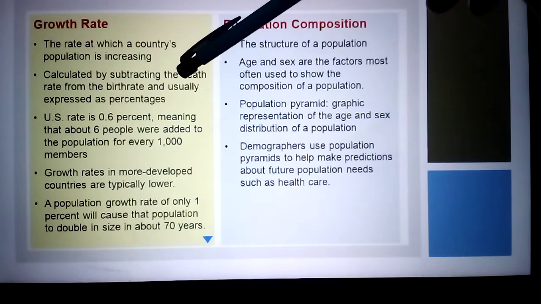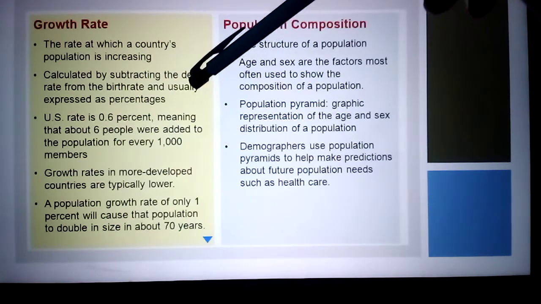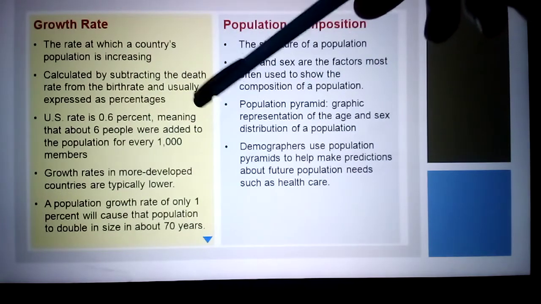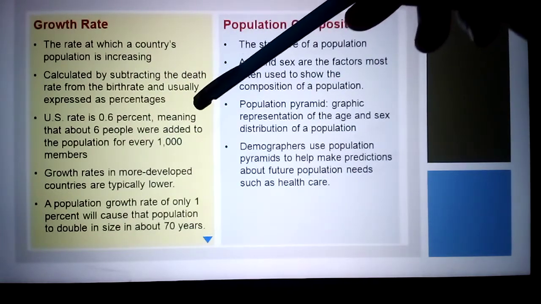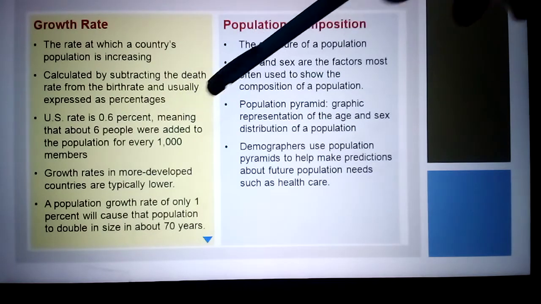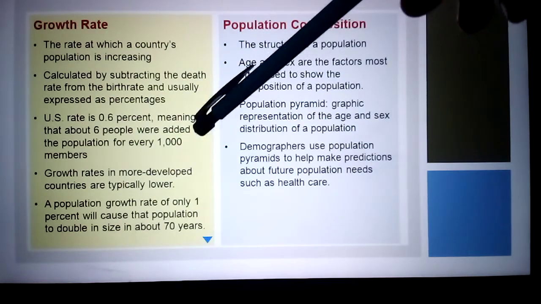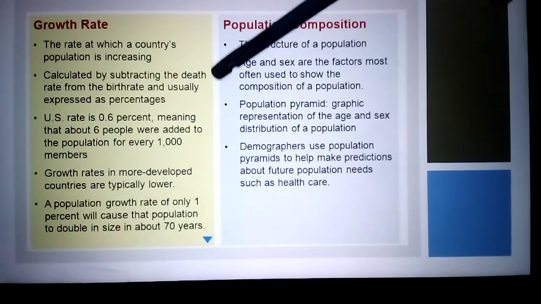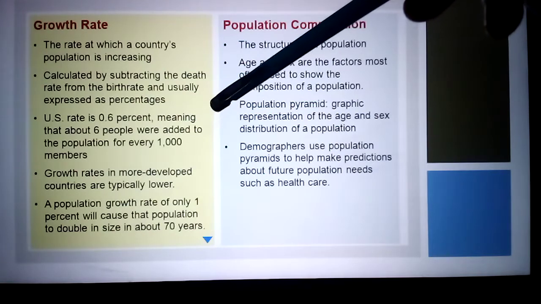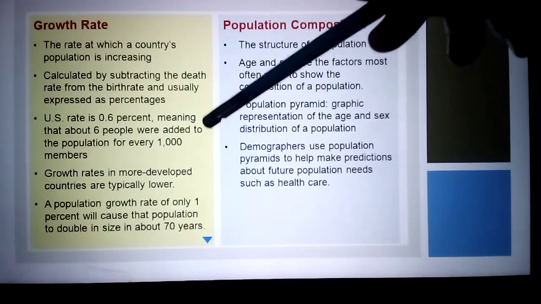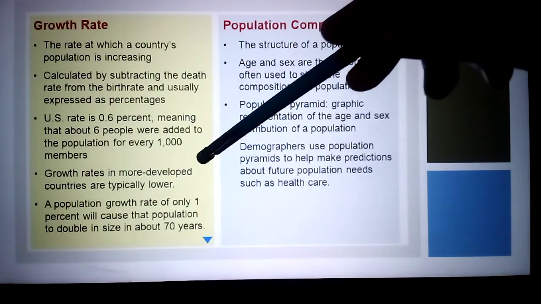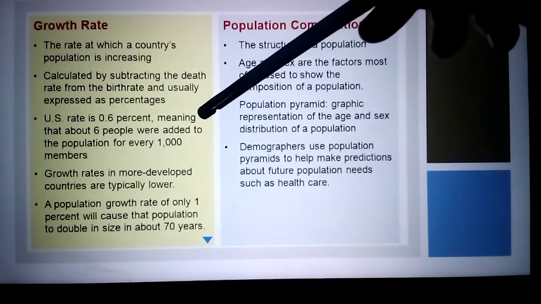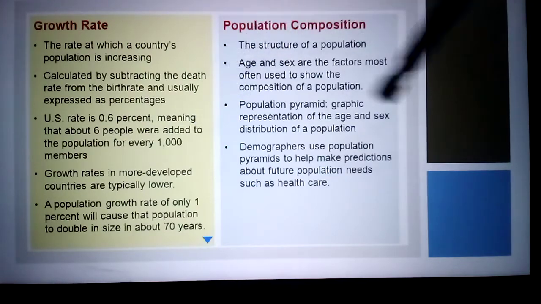So mostly it will come to less than 1%. The US rate is 0.6%, meaning that only 6 people were added for every 1000 people each year. Mostly developed countries like USA, Russia, Britain, and European countries have lower growth rates, like 0.1%, less than 1%.